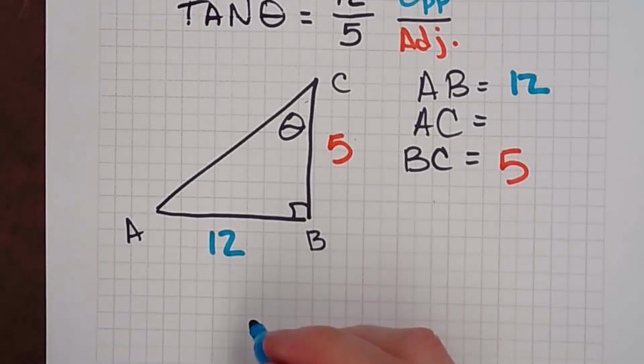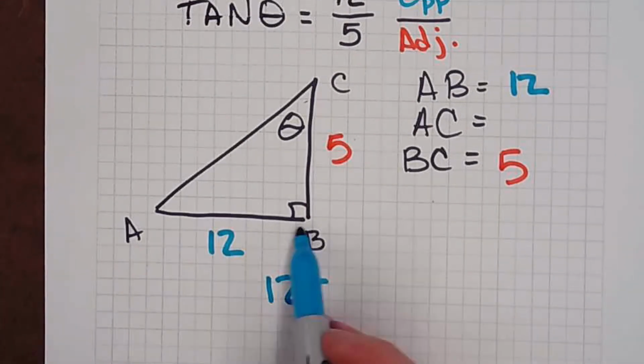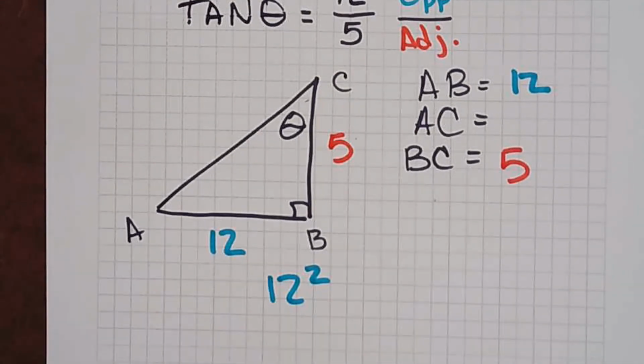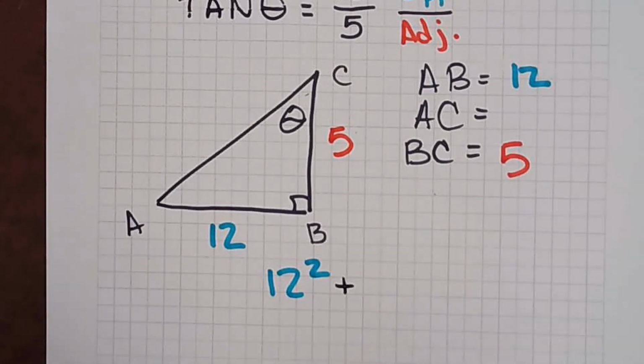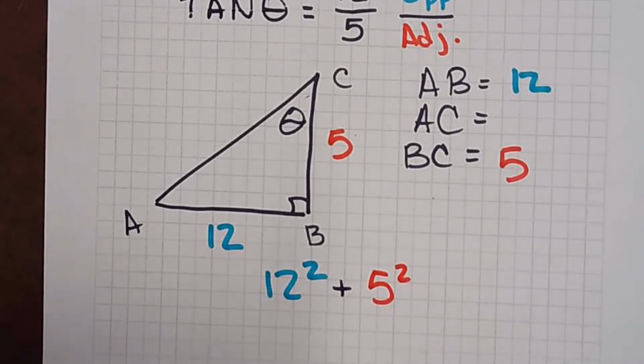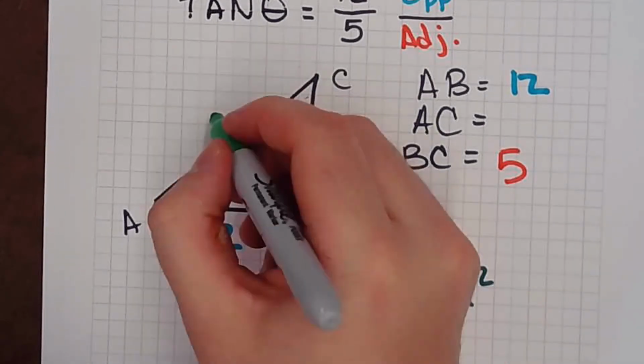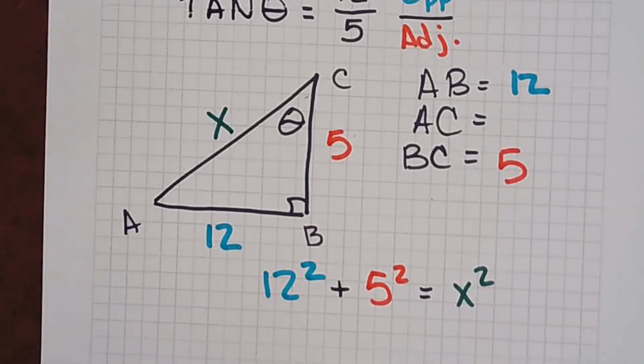Bueller. Pythag. This side squared plus this side squared should equal the hypotenuse squared, which is what we don't know, right? So let's call that x. That's the hypotenuse.